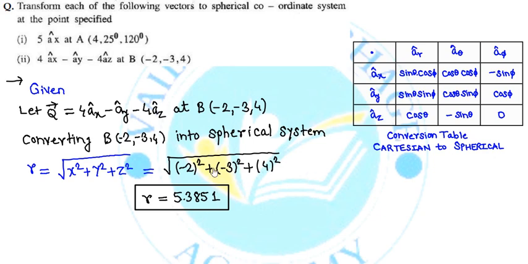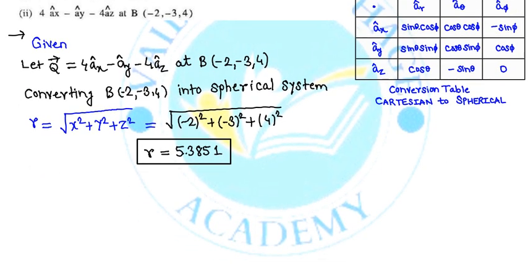Now the next element within the spherical system is theta. If we have the Cartesian coordinates and want to find theta, then theta is equal to cos inverse of z by r. This gives you the value of theta. We have found the r value, and z is given to us.